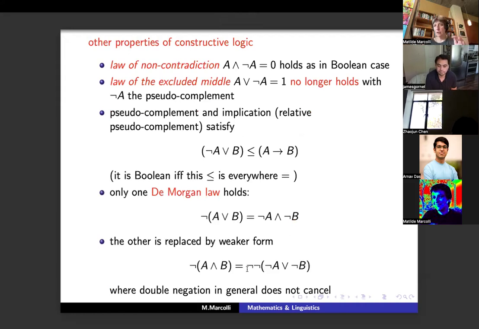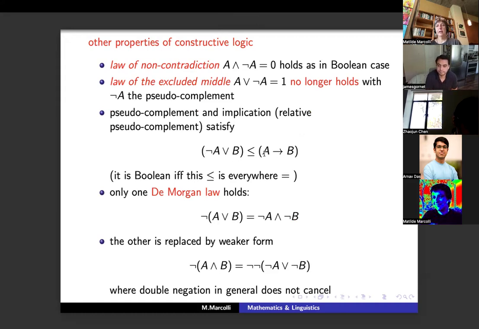The law of non-contradiction still holds exactly as in the Boolean case. But the law of the excluded middle is no longer in general true if the negation is given by the pseudo complement. And the pseudo complement and the implication now satisfy this relation.